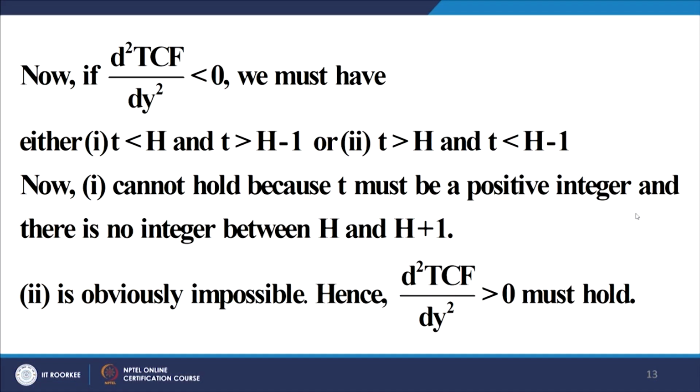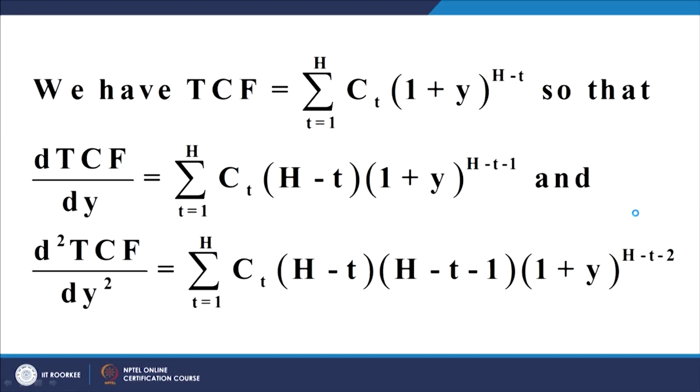I repeat, this is another important assumption, that the spot yield price curve shifts parallel to itself when we talk about the immunization process due to a shift in the yield price curve. This expression explains the second derivative of the total cash flows with respect to y, and I leave it as an exercise for the mathematically inclined students.